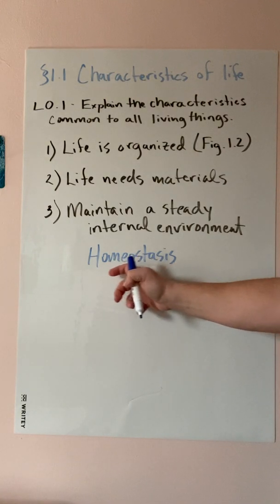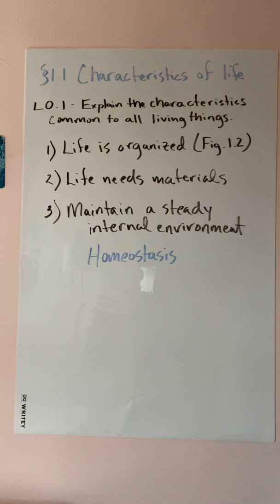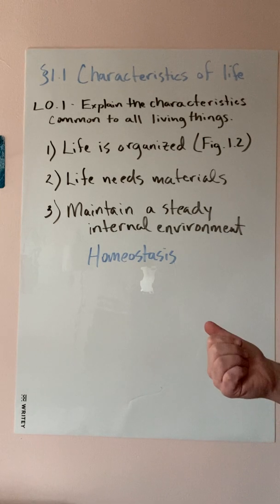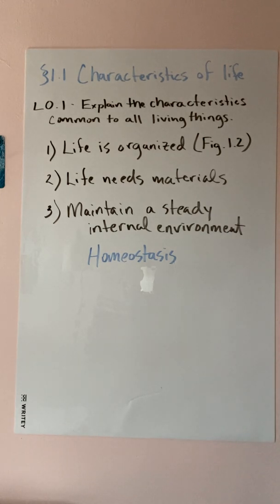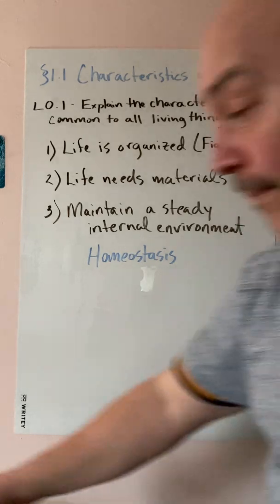Stasis means steady. We need a steady internal environment. As an example, temperature. You need to maintain a temperature of about 98.6 or 37 degrees Celsius. When you don't, if you get too hot or you get too cold, it's very hard for the metabolic processes occurring here to be able to do what they need to do. This is why if your temperature gets too hot, you die. If your temperature gets too cold, you die. We need to have a steady internal environment so that all those processes of life can come out.